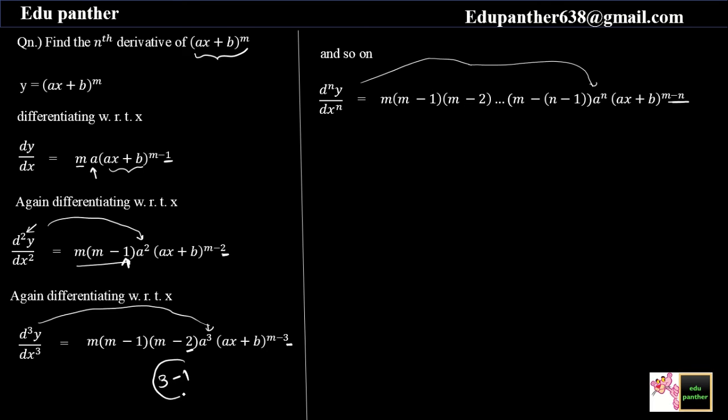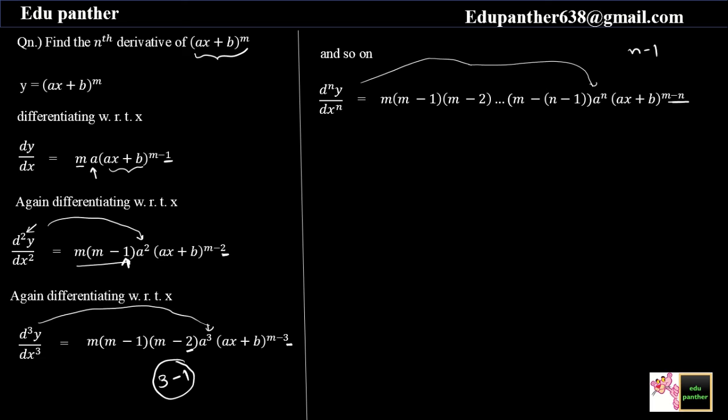So 1 less than the number of derivatives. Similarly here we have the nth order derivative, so this term will be 1 less than n. So 1 less means what? n minus 1. So it will be m into m minus 1, m minus 2, up to m minus n plus 1. So this is the general expression for the nth order derivative of the function ax plus b raised to m.